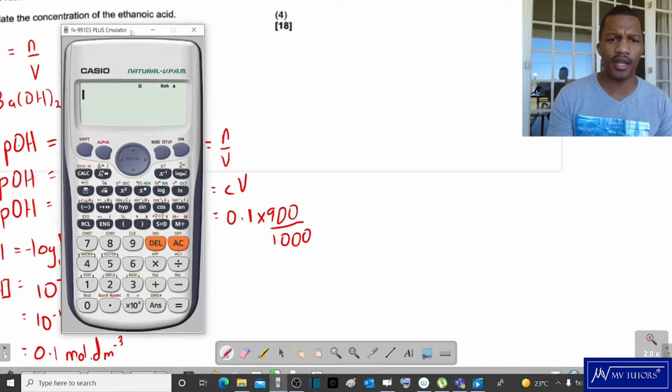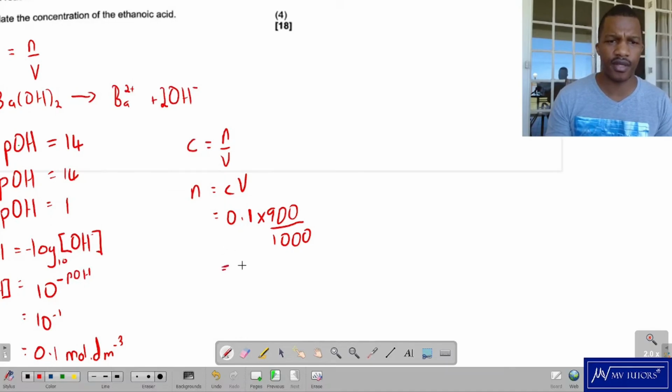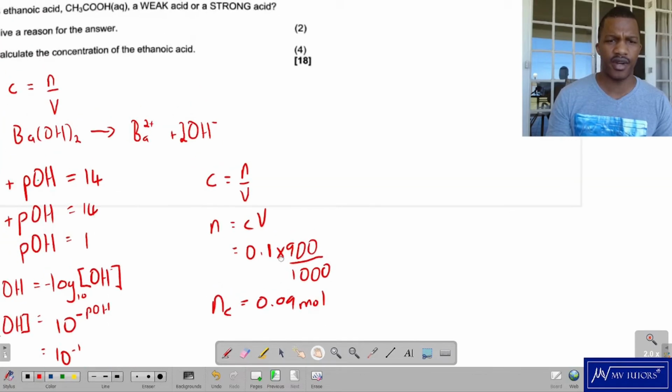So on our calculator, we'll have 0.1 times 900 divided by 1,000. That's going to be equal to 0.09 moles. Okay, so these are the number of moles in beaker C, right?